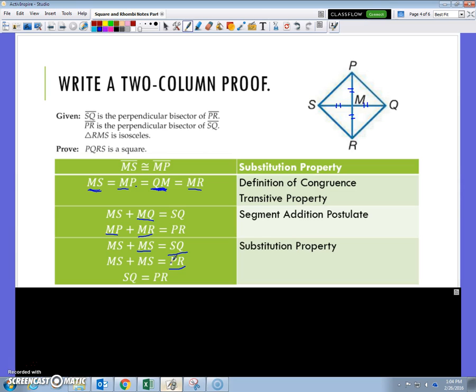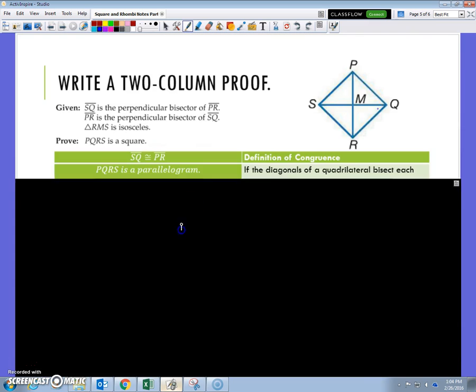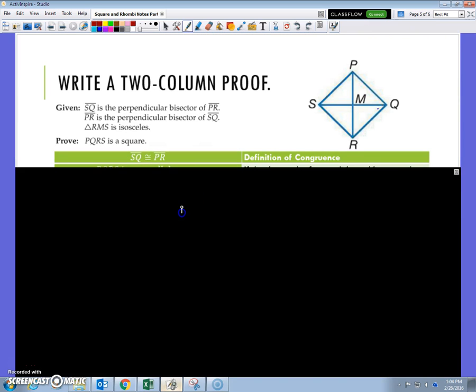SQ equals PR. So now I know for sure that this length and this length are actually congruent. I think we knew that before, but we just had to show it formally. So what I've actually done is proven that the quadrilateral is a rectangle. That's a good start. But to be a square, which is what we're going for, I actually need it to be a rhombus as well.